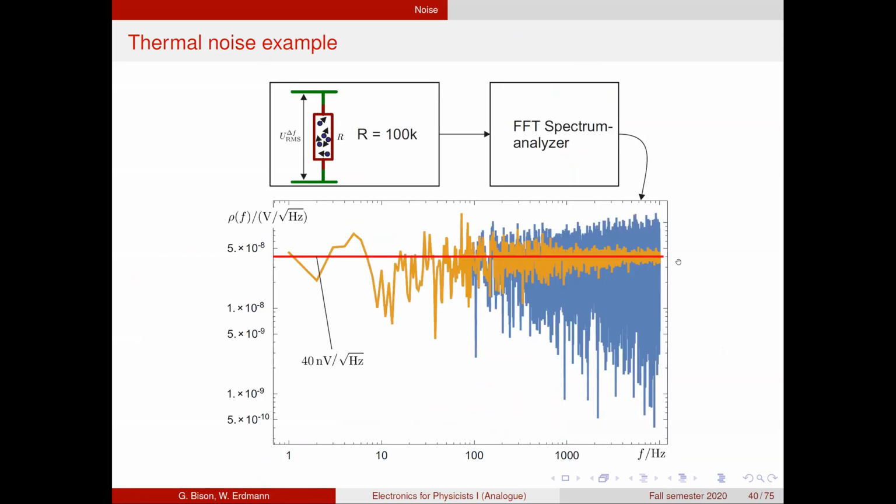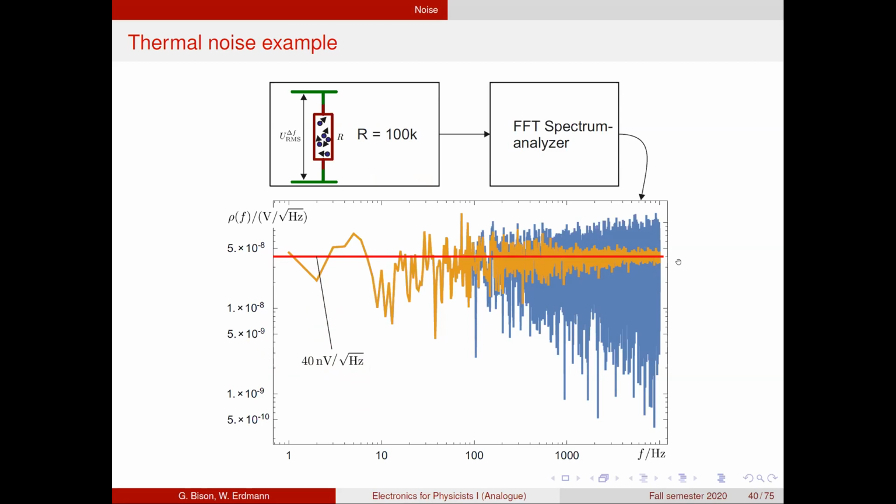Okay. Yeah, white noise spectrum, this means that it's this fixed value. So let's say we have a 100 kilo ohm resistor, and we just said that this corresponds to 40 nanovolts per root hertz. We have to take the square root of the 100. This is the level that we see here.